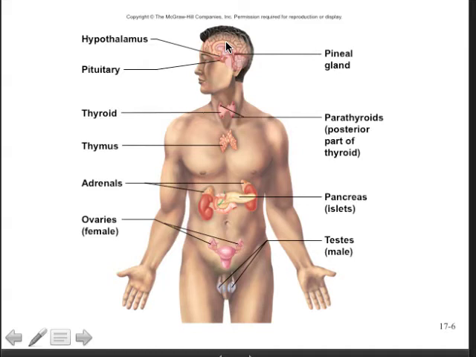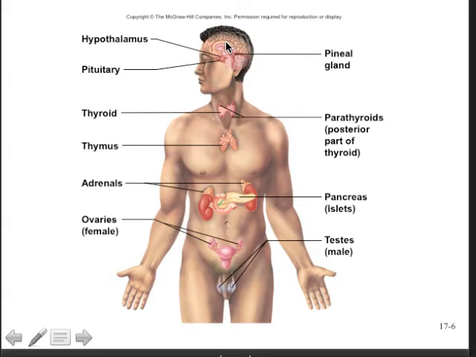The pituitary gland itself is divided into a front and a back lobe, which we call the anterior and posterior lobe. And the way that the hypothalamus regulates the activity of the pituitary gland is through two different methods depending on which lobe we're talking about.